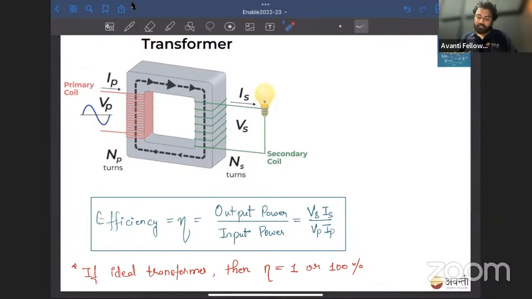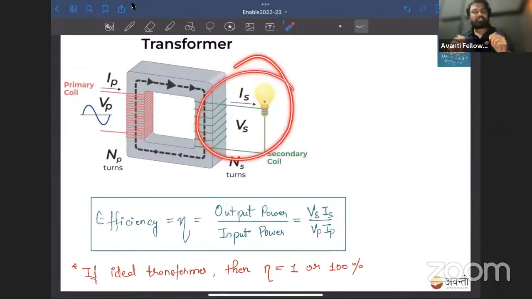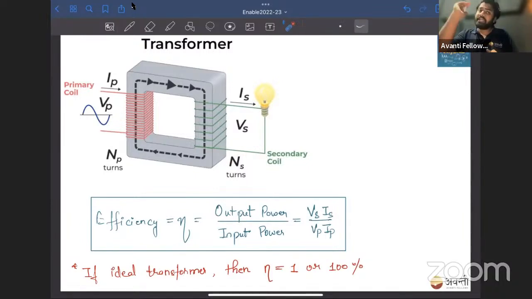Similarly, a transformer also has efficiency. If it consumed 10 watts and gave only 8 watts, the efficiency is output 8 upon input 10, so 0.8 or 80%.